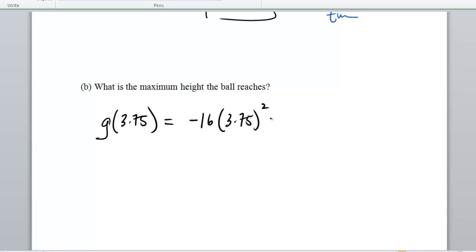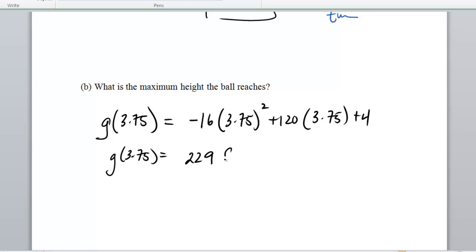And again, the better you get at using your calculator and punching all this in one entry line and coming up with an answer, the better. That's going to serve you well later on. So that's 229, and of course that's representing feet. So the height of the ball reaches 229 feet.